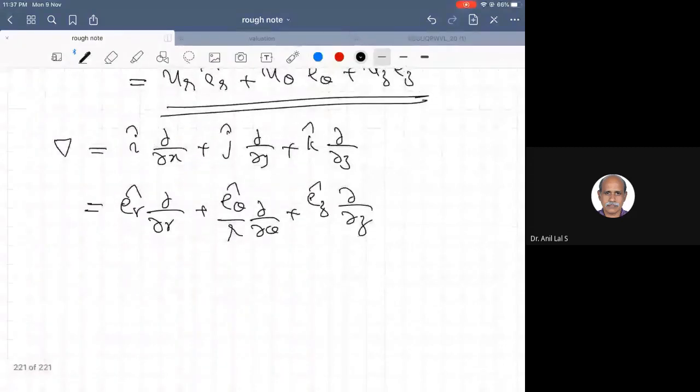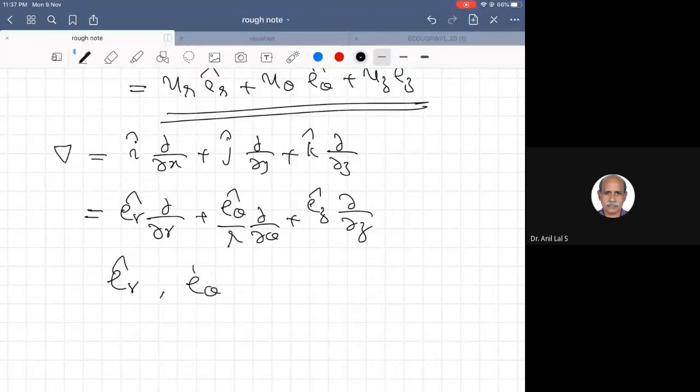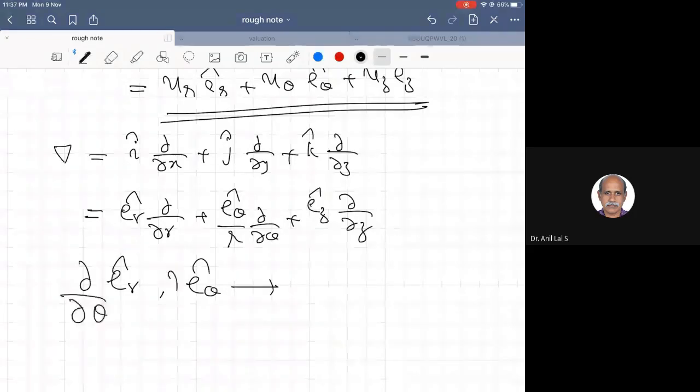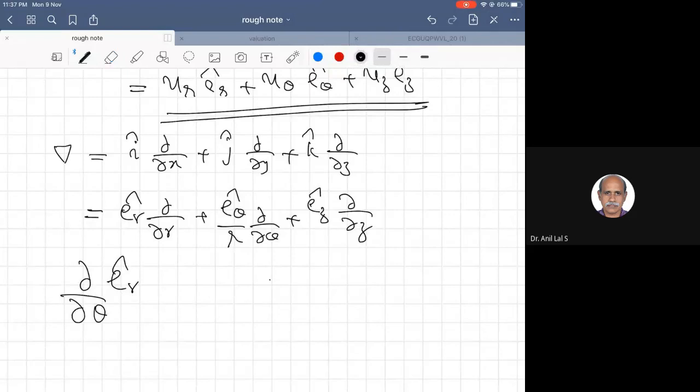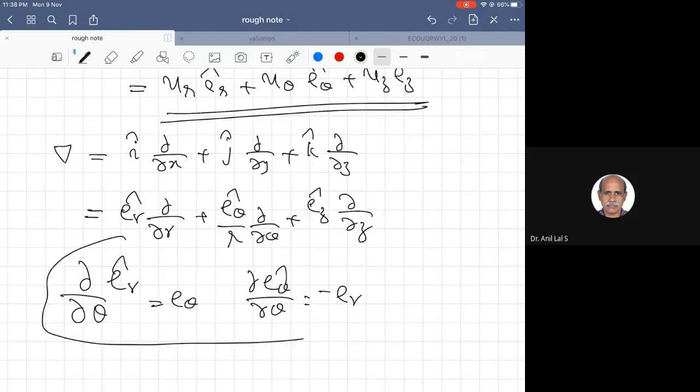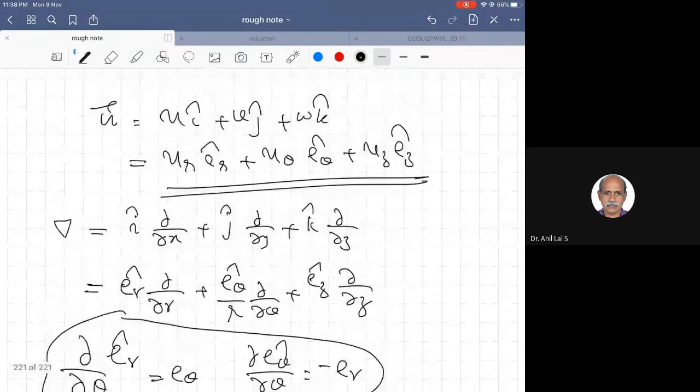And we know that e_r and e_θ have spatial variation in the θ direction, so their derivatives with respect to θ are not equal to 0. ∂e_r/∂θ is equal to e_θ, and ∂e_θ/∂θ is equal to -e_r. So e_r and e_θ vary in the tangential direction for the same radius, and taking the partial derivative with respect to θ gives non-zero terms.